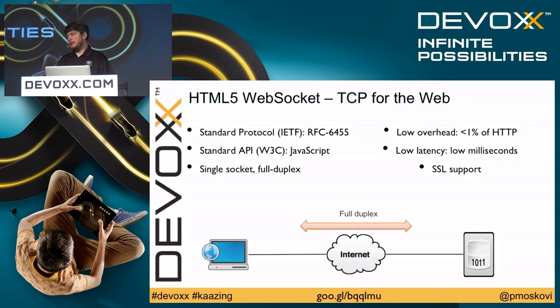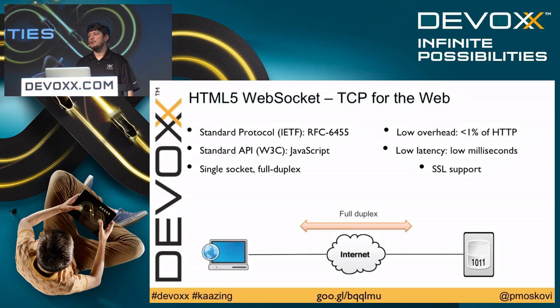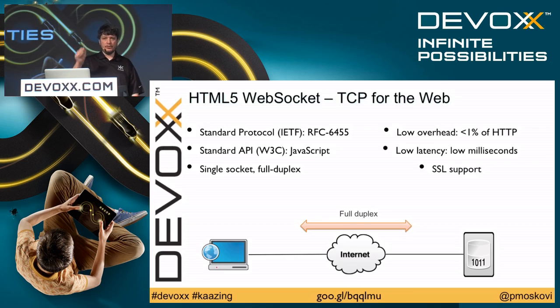So you get a single socket connection that gives you full duplex communication. Given that the overhead is way, way lower, because WebSocket is a very efficient and very lean protocol, in some cases it can be 100 times less overhead, especially when you have scenarios of a lot of small messages going back and forth.